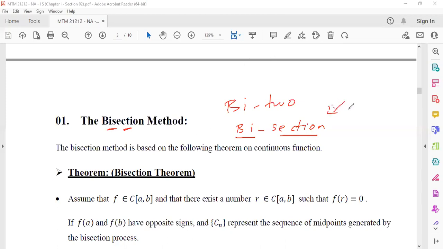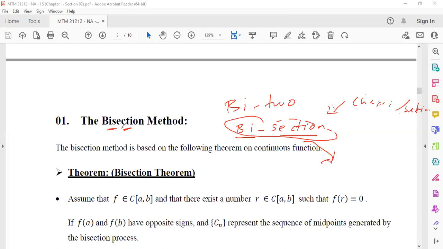This section, I'm telling you, is my chapter 1's section 2. So what do you mean by that? Yeah, good. So part. We're going to divide our things into two parts and find the idea.